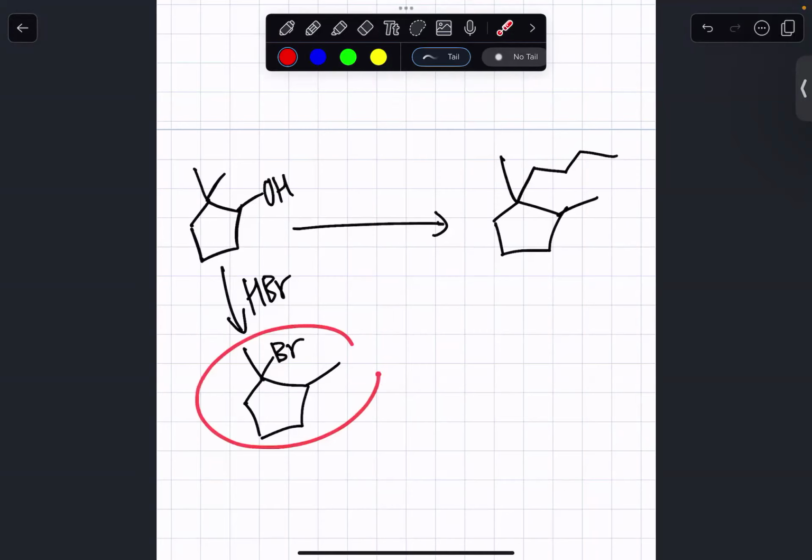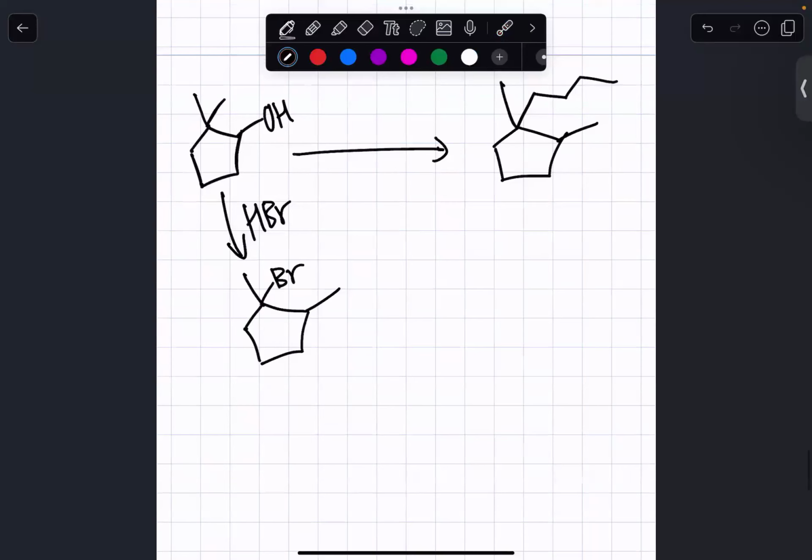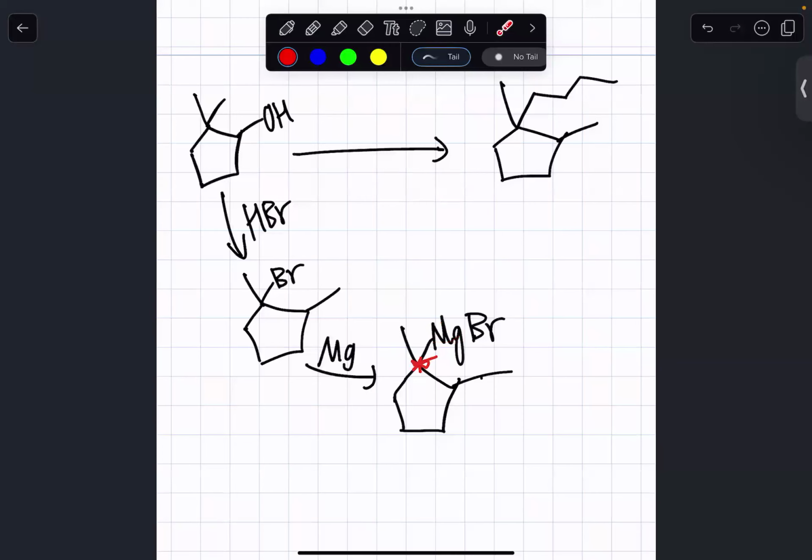Where we have a bromine here, the way that we can make a Grignard reagent from that is just to put Mg there, and that would convert this into a Grignard reagent here, where we know that this atom directly attached to the Mg is the partial negative charge. So let's star that right there. Let's say this dot atom, where the new bond between the star and dot atom is made, is the electrophile.